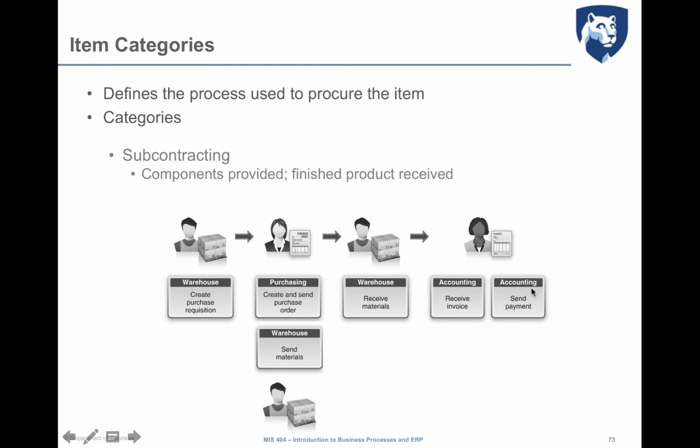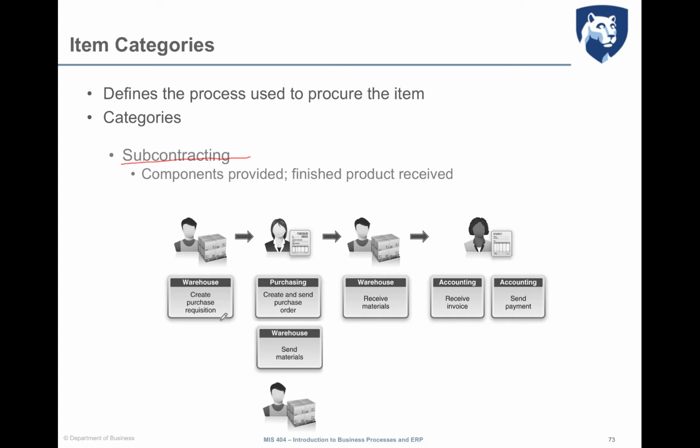Another case is the subcontracting case. Under subcontracting conditions, the company sends material to a vendor, and the vendor uses these materials to create semi-finished products. So the company, the buyer, sends material to the vendor, and the vendor uses this material provided by the buyer to realize finished or semi-finished products to be then delivered to the company.